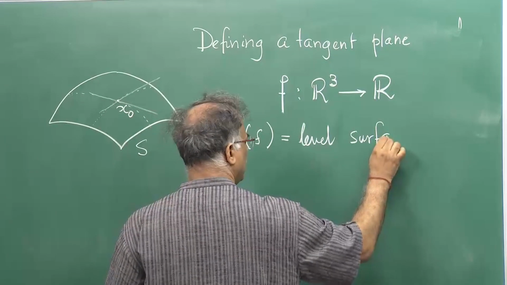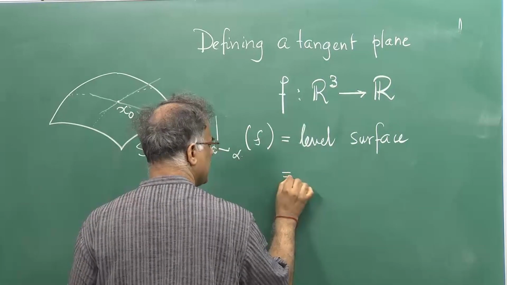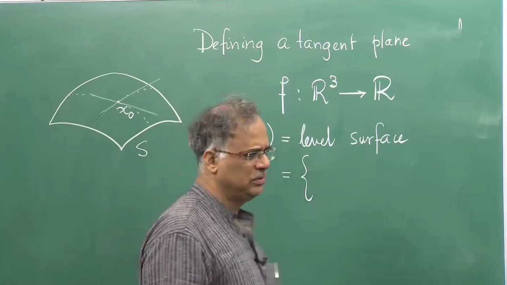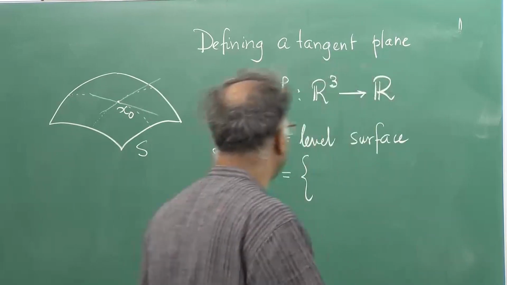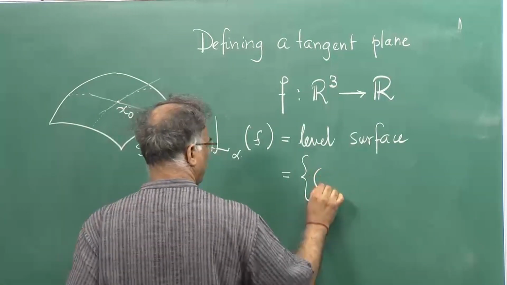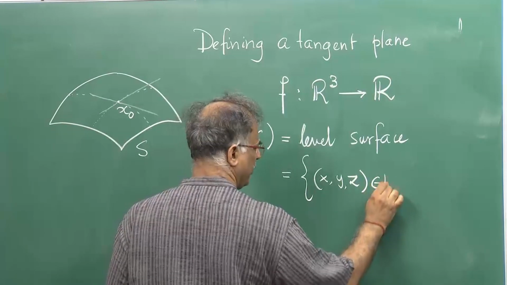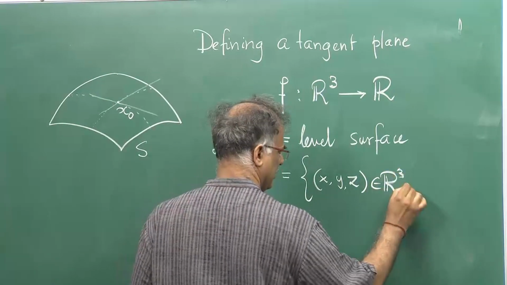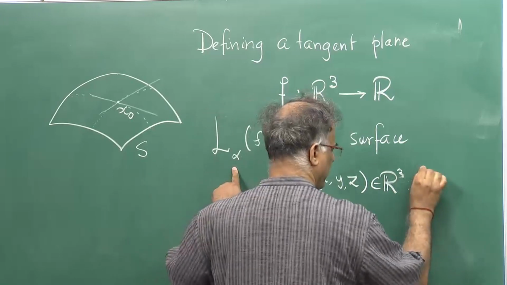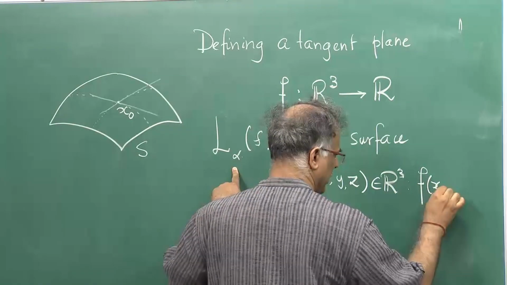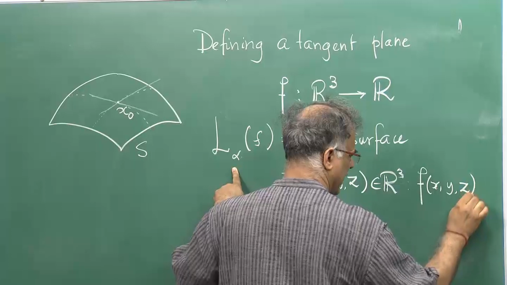So, what is the meaning of the level surface? Level surface means the set of all (x, y, z) in R3 such that f(x, y, z) is alpha, where alpha is the required parameter, the level at which I am setting it.